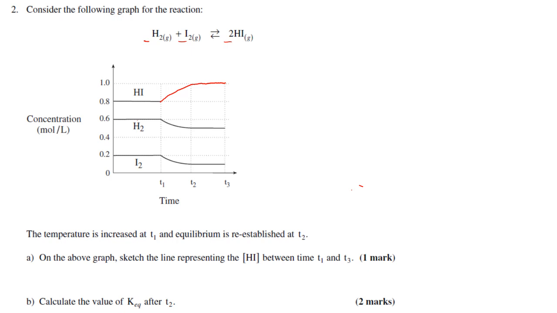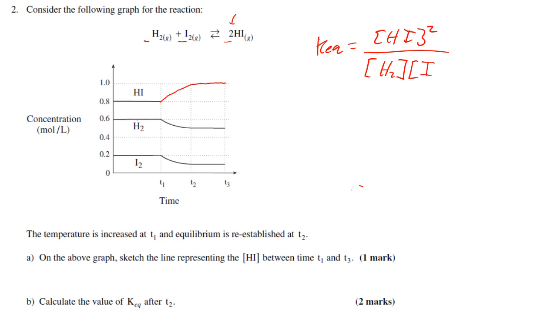Calculate the value of KEQ after time 2. Okay, so KEQ equals HI squared because of the 2 there. Everything is gases, so everything goes into our KEQ expression. H2, we've got to learn to do better square brackets. H2 times I2.